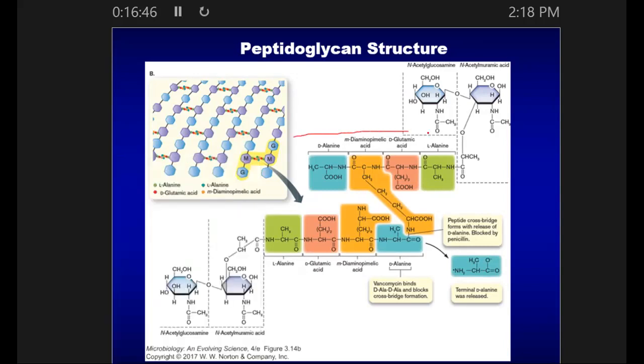Here's the 4 amino acids coming off of one chain, bonding here. They're showing the bonding down to the next 4 amino acids in the neighboring chain. And they both are coming off of the NAM molecule. So with that configuration, you have these long sugar chains next to each other and then the amino acids hooking into the neighbors like that.